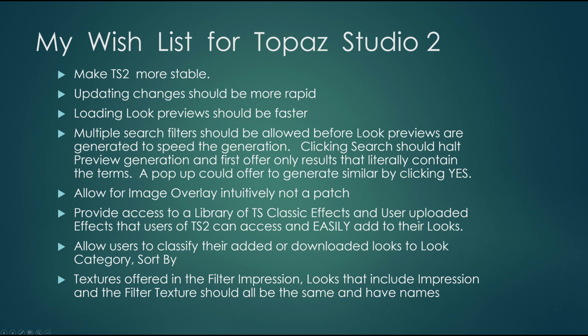It should be intuitive and easy. It would be nice to provide access to a library of TS classic effects and user-uploaded effects that users of TS2 can access and easily add to their looks. And then allow users to classify their added or downloaded looks to look categories and sort bys.